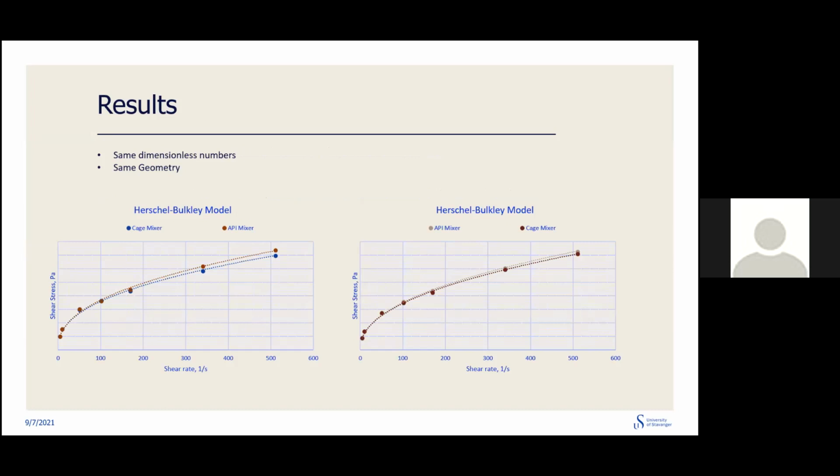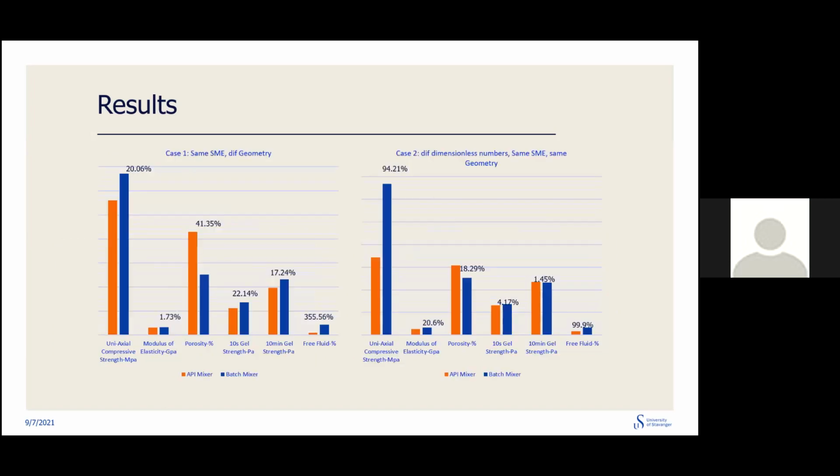Although the mixers were different, we have pretty much same results for the slurry. Here we have same geometry and same dimensionless numbers. Here, from the first case, which we had same SME, but different geometry, different values for cement. Same geometry, different dimensionless numbers, same SME, still different numbers.